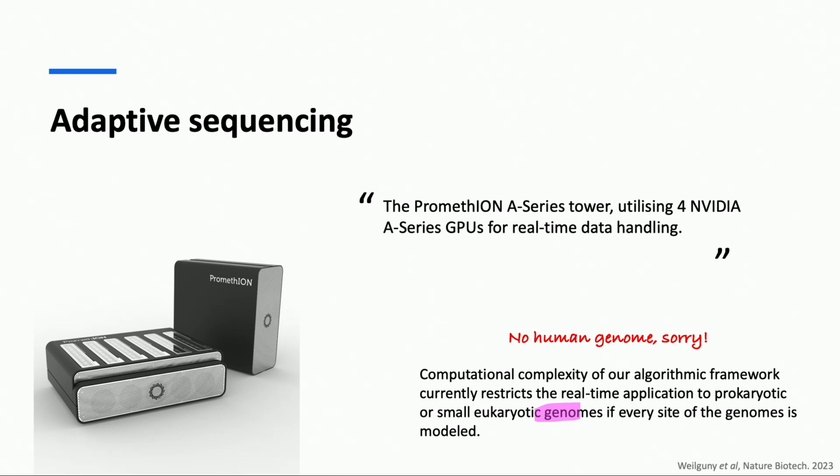So this compounds your problems: it's not only a matter of throughput, it's also a matter of latency. You have to react really quickly, because one of these pores is sequencing around 400 nucleotides per second. You can't stay there and think about it for too long.